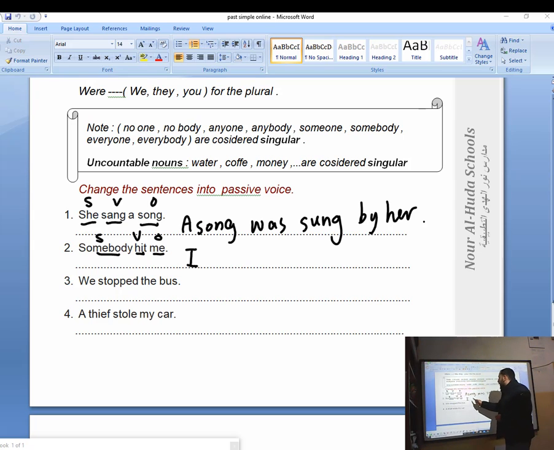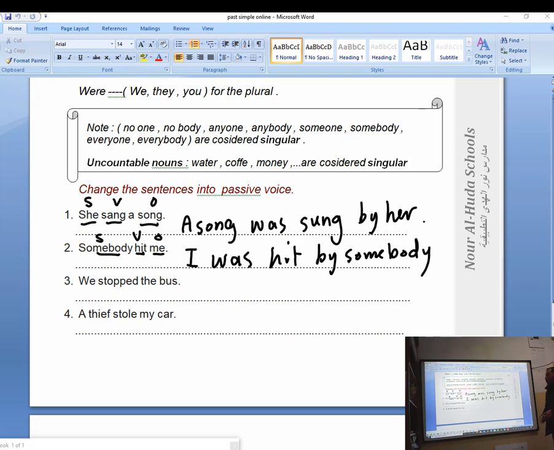I was, of course, was or were. We use was because I almost always takes was, and then hit, verb 3 of hit, just like it is, by somebody. I was hit by somebody.